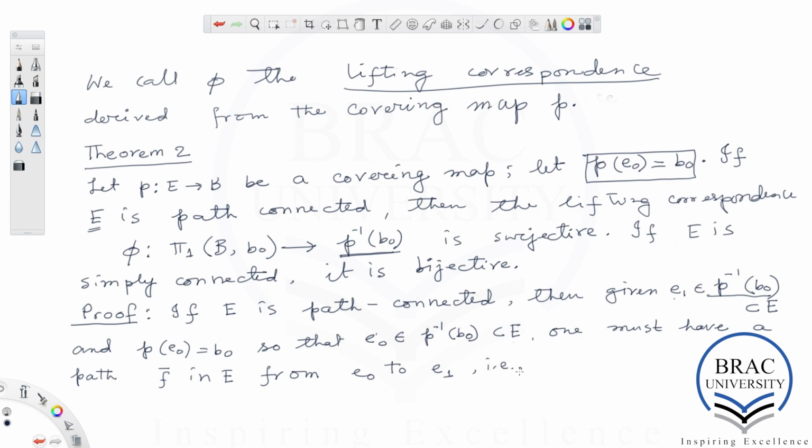That is, F bar is a map from [0, 1] to E with the starting point being equal to E0 and the end point of the path being equal to E1. Okay, good.